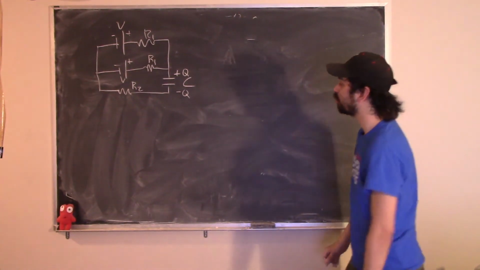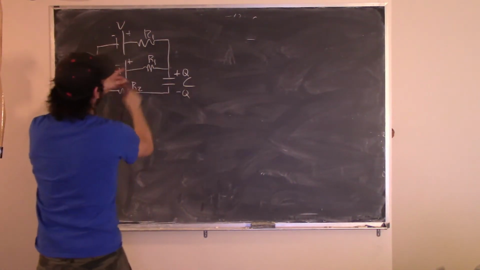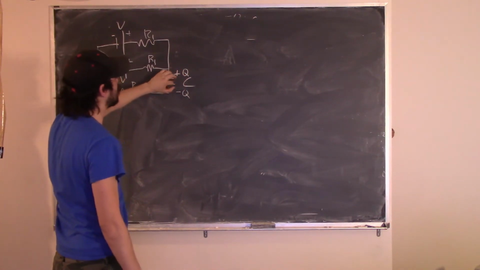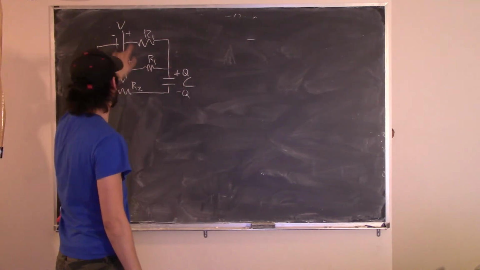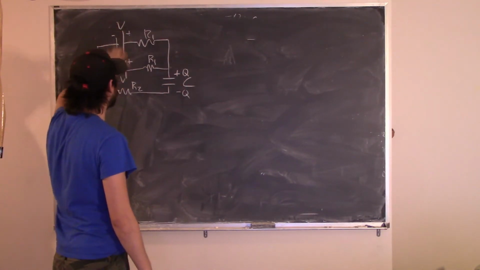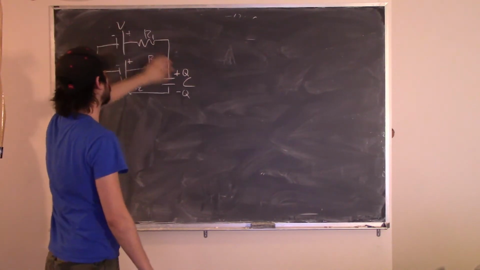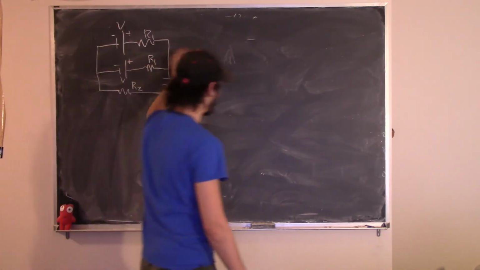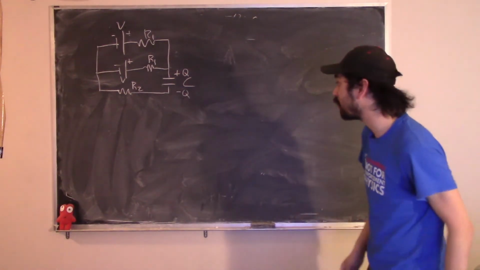Say these had two different voltages and this one was flipped. Then you wouldn't be able to say whether this was positive or negative without knowing the relative magnitudes of the voltages for the two batteries. But here, because this is plus, this has to be plus. Define it and then do your loops, you'll still get the same answer.